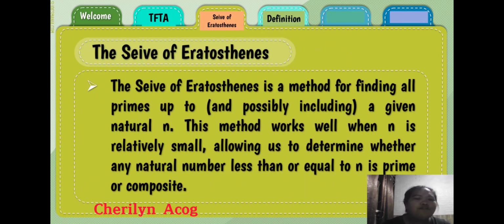The Sieve of Eratosthenes is a method for finding all primes up to and possibly including a given natural number n. This method works well when n is relatively small, allowing us to determine whether any natural number less than or equal to n is prime or composite.